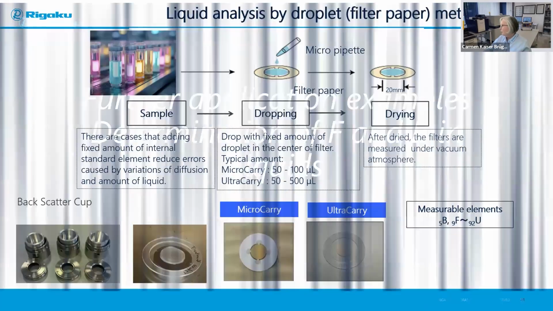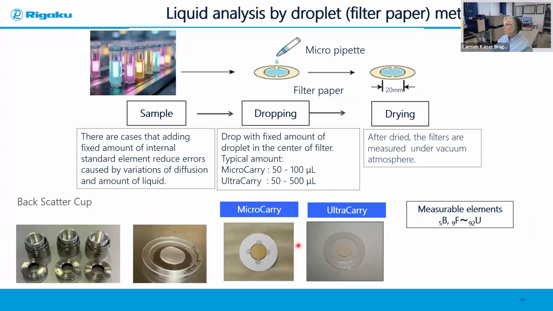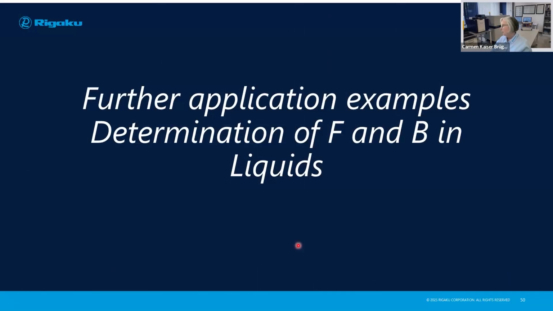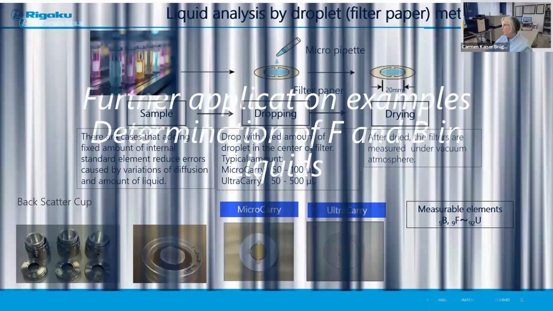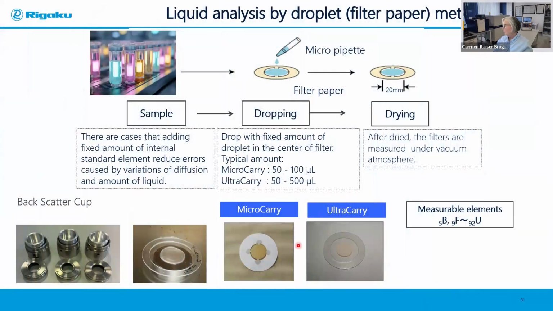Okay, so another example here is to show you how we can use alternative applications for determination of fluorine and boron in liquid samples. So very often we have liquid samples, and of course we have these very nice filters, which are called microcarry, ultracarry, and it's possible for us to increase our measurement for this liquid sample using the filter for boron and fluorine.